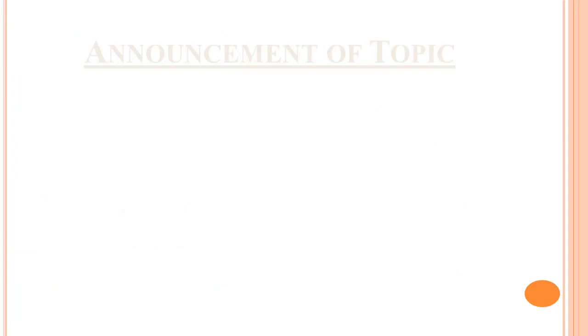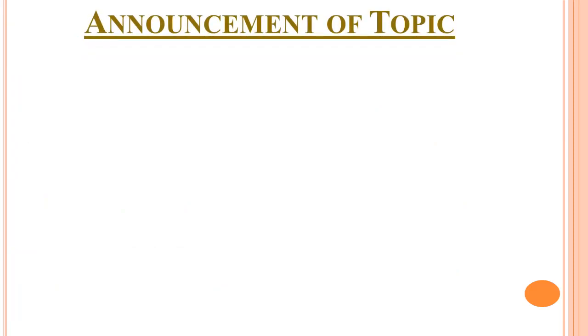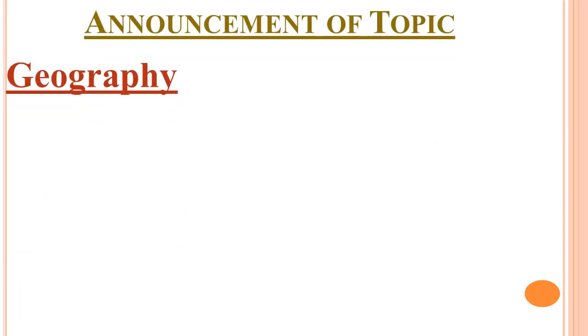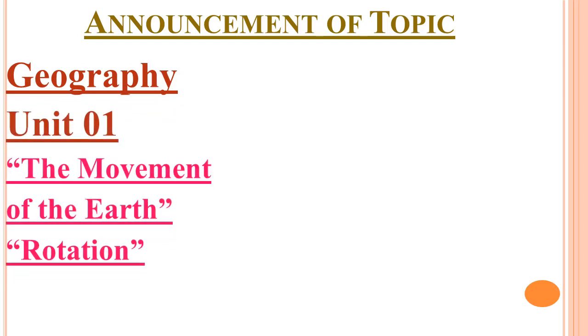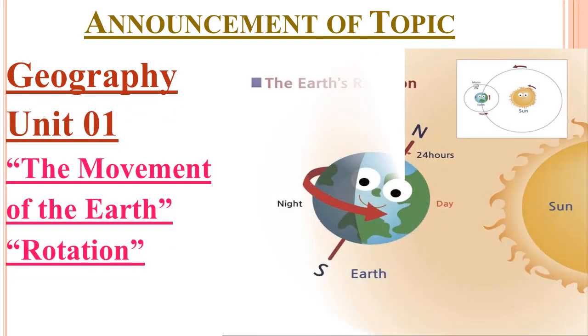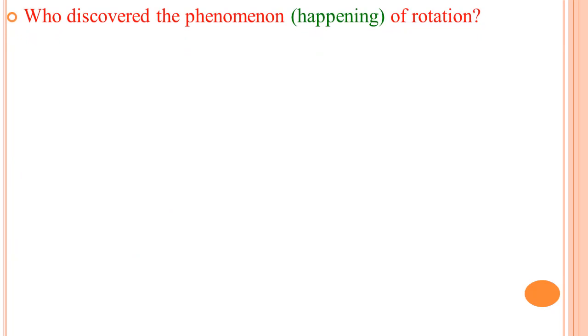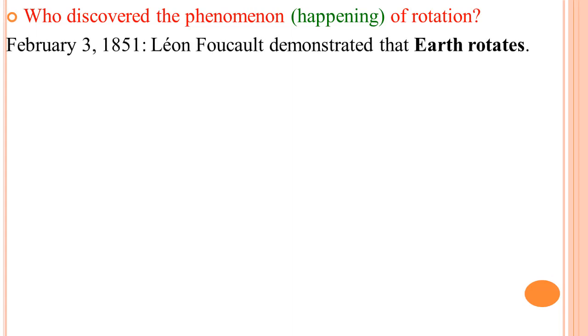Our today's lesson is from the book of Geography, unit number 1, the movement of the Earth's rotation. Who discovered the phenomenon of rotation? The answer is, on February 3, 1851, Leon Foucault demonstrated that Earth rotates.